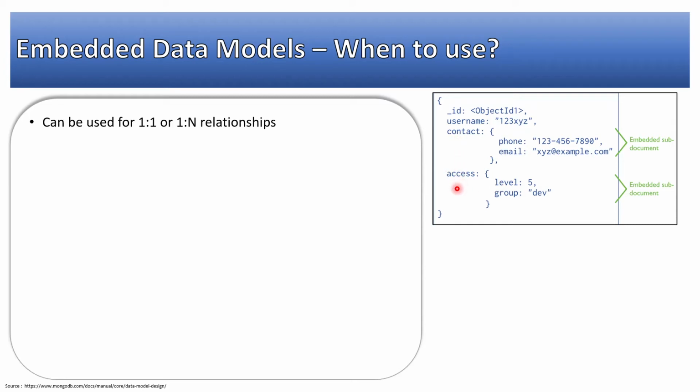A user will have access defined at a single level only. A user will not have multiple records of access. We can manage those in a single document, so that way we can use an embedded data model.